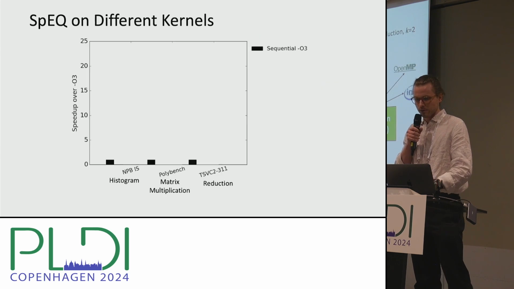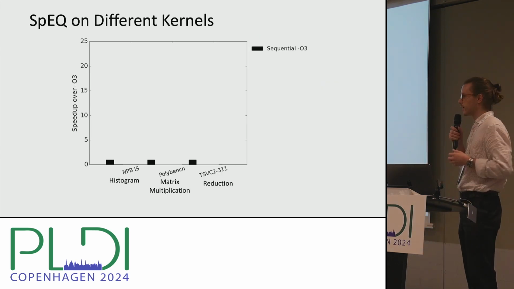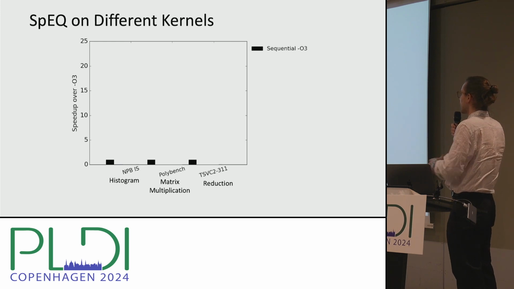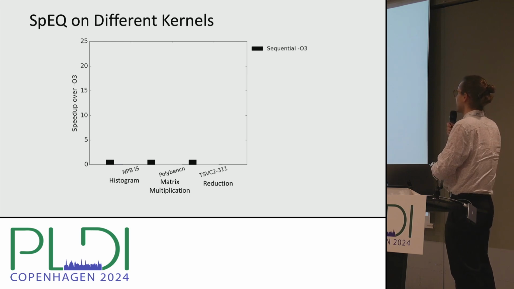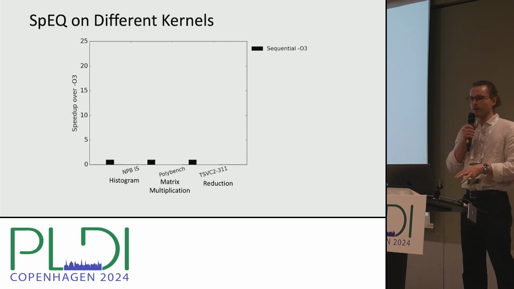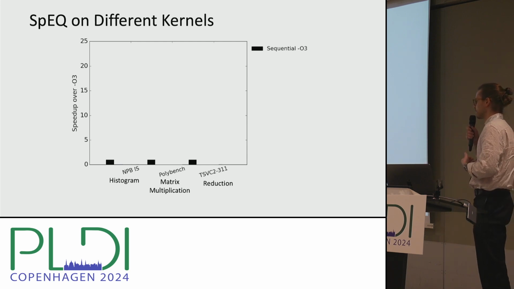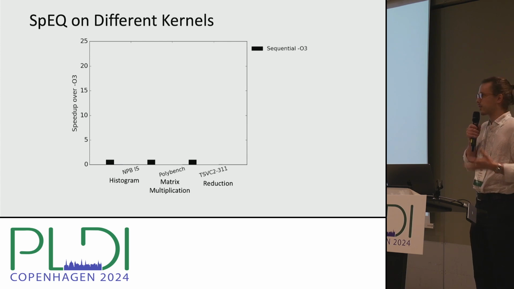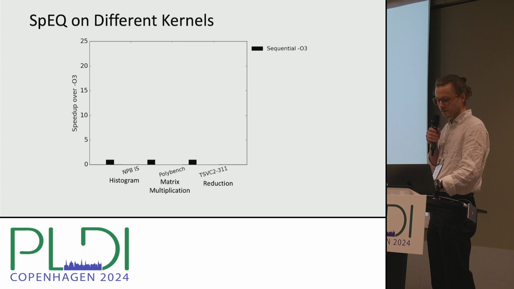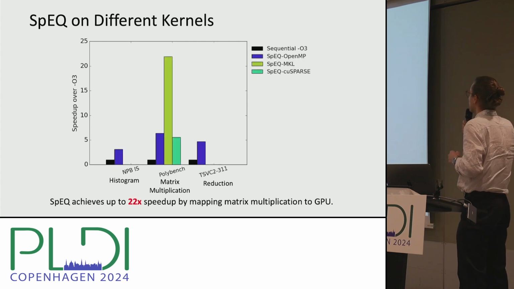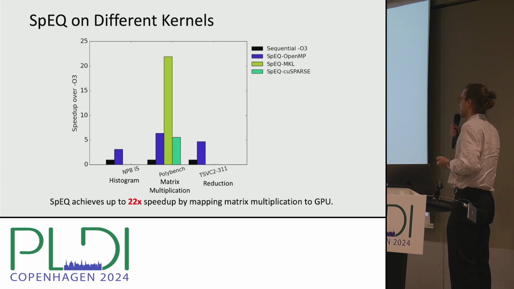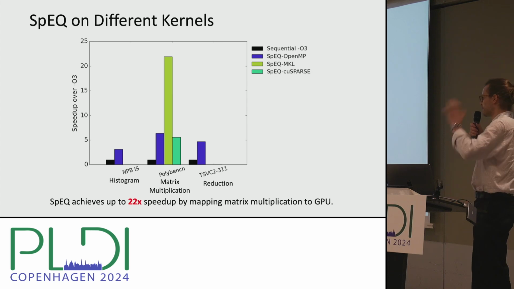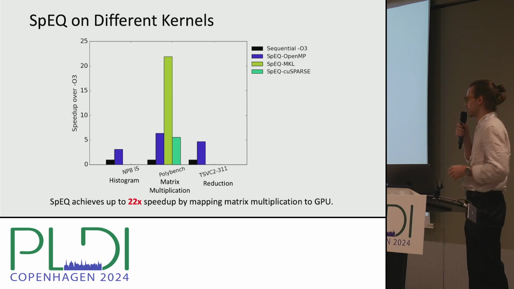To give an idea of what can be done in this domain, I have three benchmark examples. One is a histogram code pattern, one is a matrix multiplication code pattern, and one is a reduction code pattern. These are found all over the place in lots of different types of codes. This is the kind of performance you can achieve by taking the compiler out of the equation entirely.